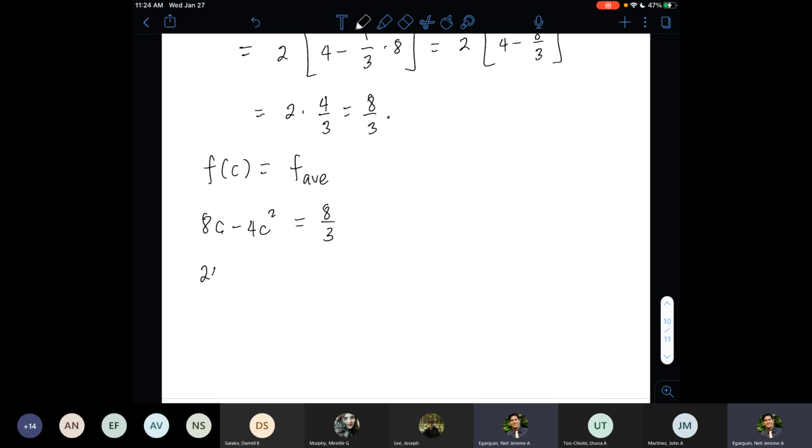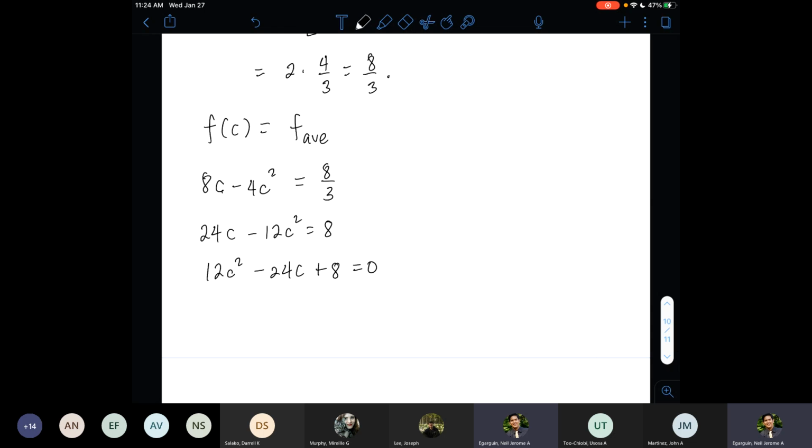So I'll have 24c minus 12c squared equals 8. And then I'll have 12c squared. I'll just put everything in one side of the equation. Minus 24c plus 8 equals 0. So I transferred everything to the right and flipped the equation.